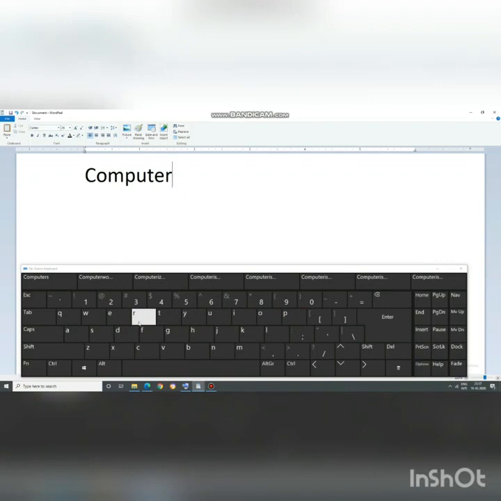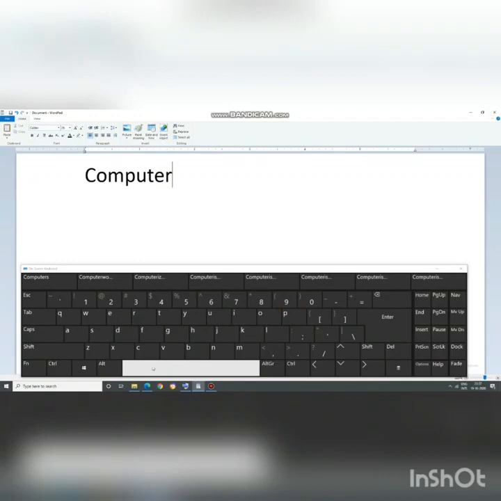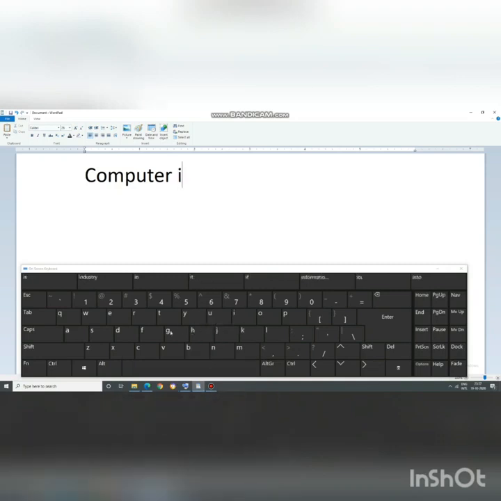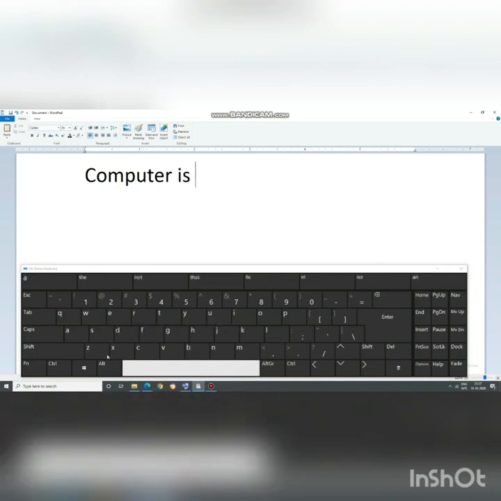Computer is a machine. Now it is a sentence, so I do require a space, and what helps me for that? It is a long key, the longest key on the keyboard, the spacebar key. Computer is a machine.